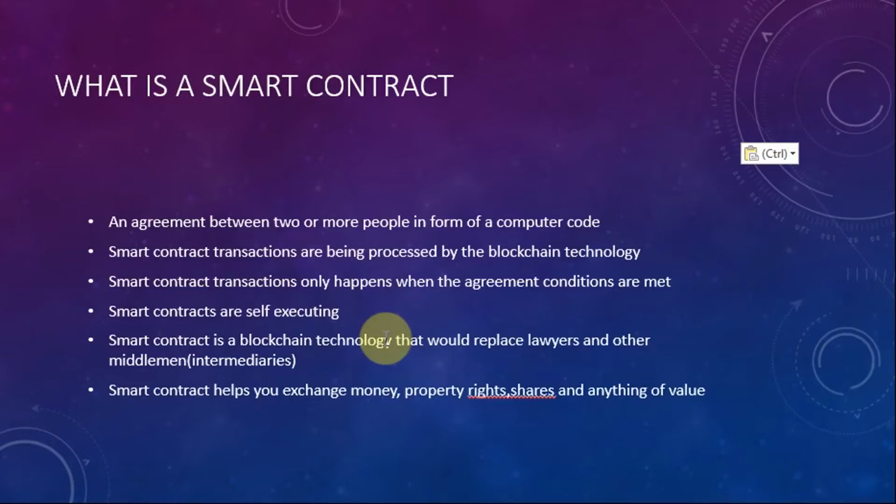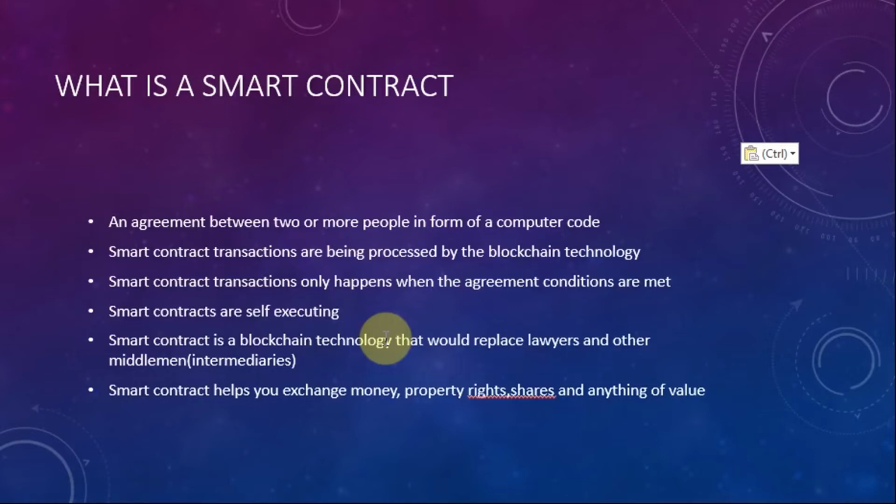So let's take, for example, you want to go into a business venture with someone. Normally, what you do first is you engage a lawyer, and then you enter an agreement. Your lawyer and your business partner's lawyer prepare a document that both of you will sign, and the lawyers will be there to act as enforcers of the contract.